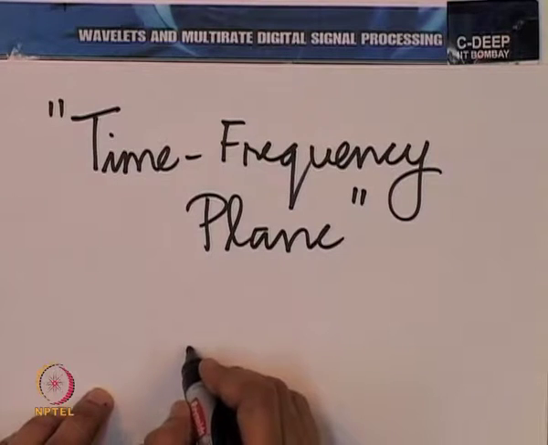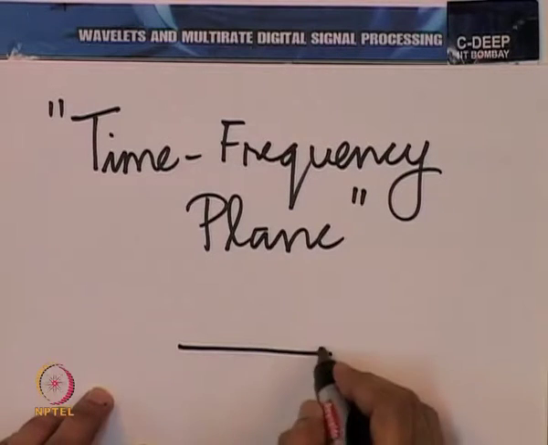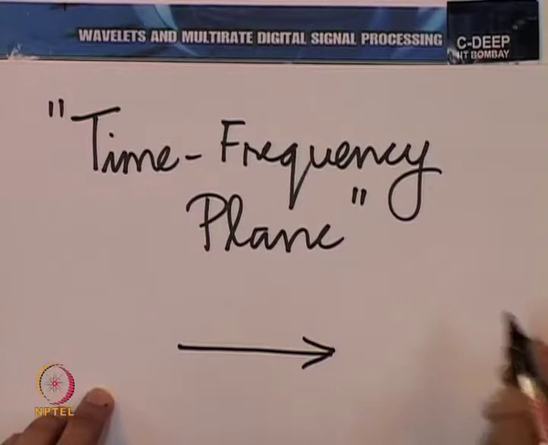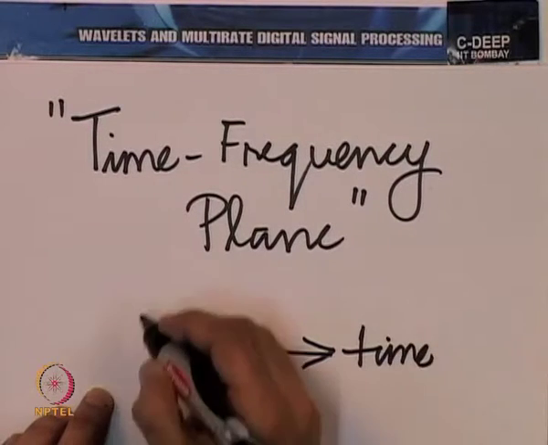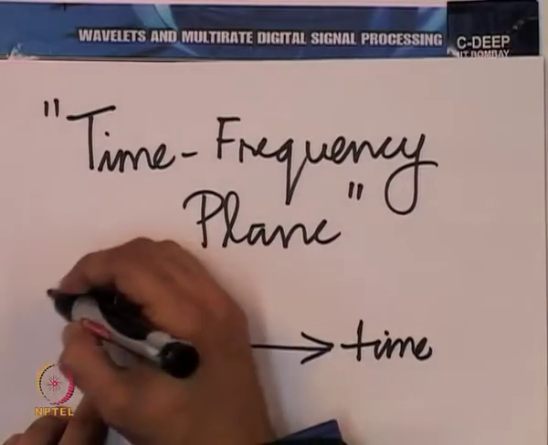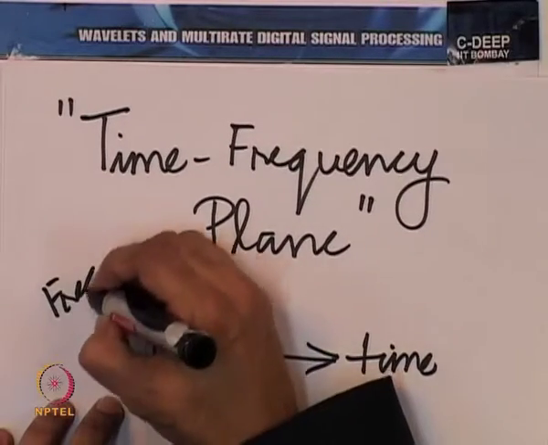Essentially a plane in which one axis, say the horizontal axis, represents time and the other axis, say the vertical axis, represents frequency.